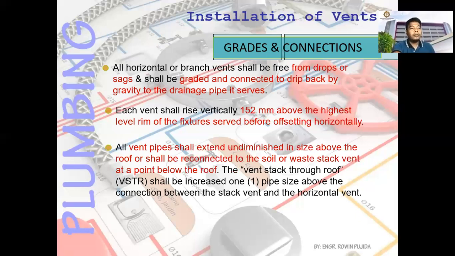And then all vent pipes shall extend undiminished in size above the roof or shall be reconnected to the soil or waste stack vent at a point below the roof. The vent stack through roof, or the VSTR, shall be increased one pipe size above the connection between the stack and the horizontal vent.